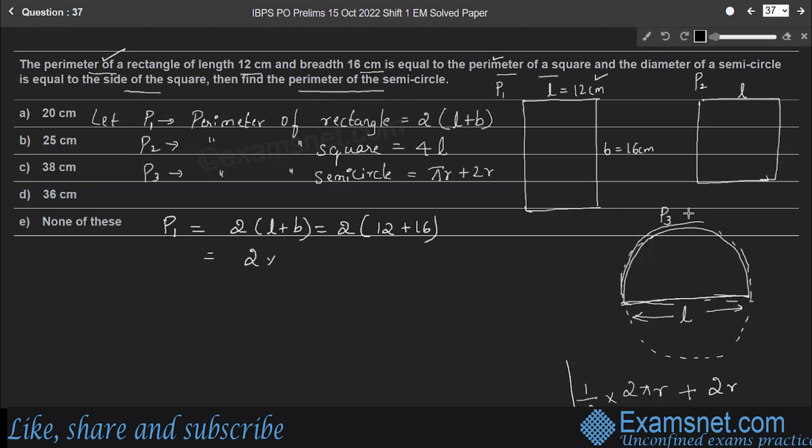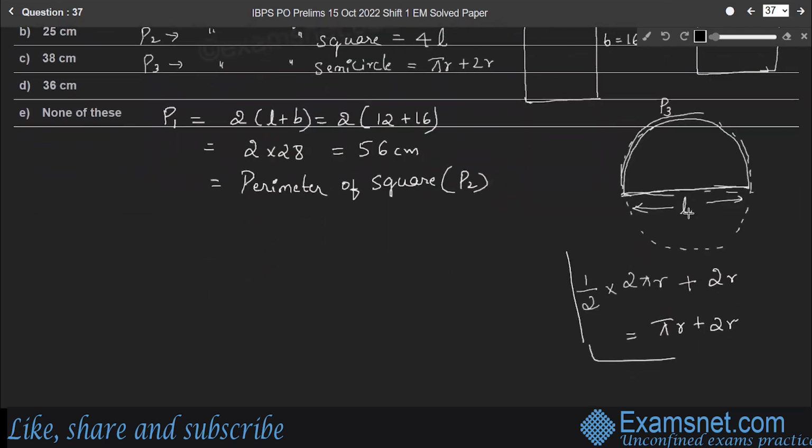So 2 times 28, which is 56 centimeter, is the perimeter of the rectangle, which is equal to the perimeter of the square, which is P2. And the diameter of the semicircle is equal to the side of the square. So the perimeter of the square is given, and we have to find the side of the square. Therefore, side of the square.